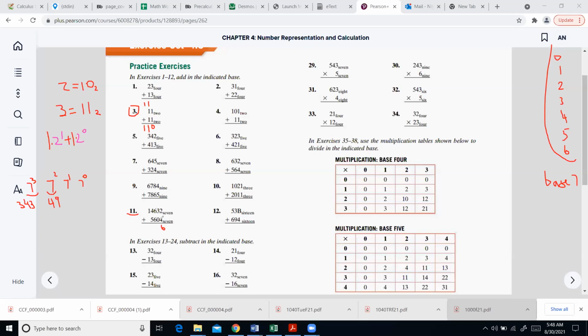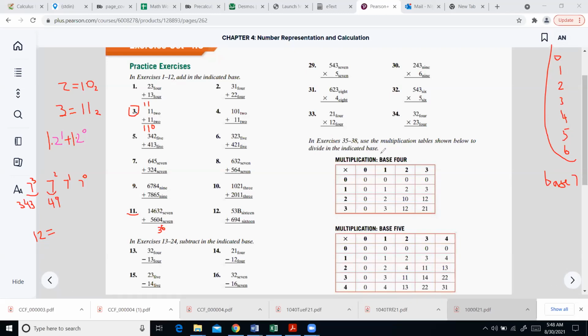Similarly, with the next two, when you add 3 and 0, you get 3. And yes, there is such a digit also in base 7. So we're good here. But for the next, when I add 2 6s, I get 12, and I can't really have such a number in base 7.